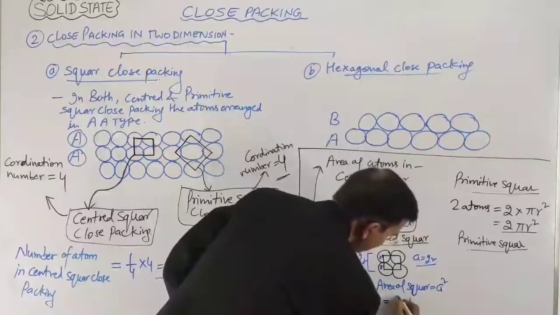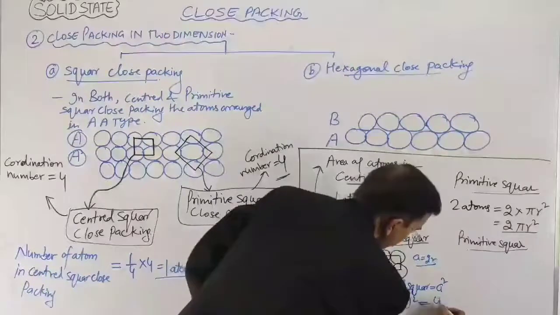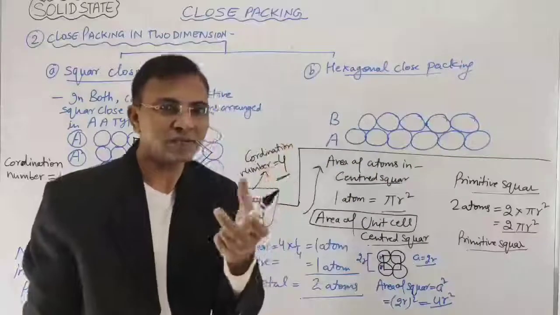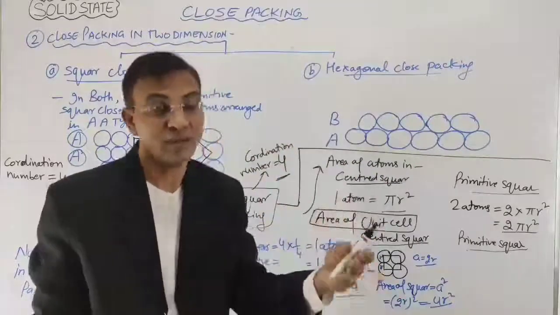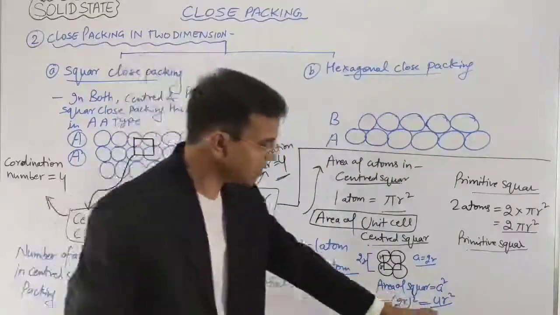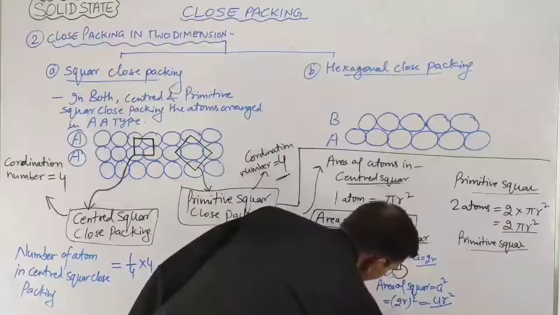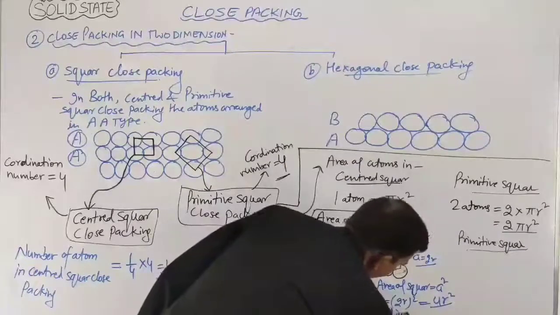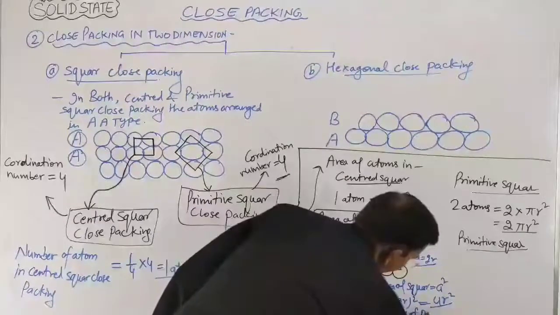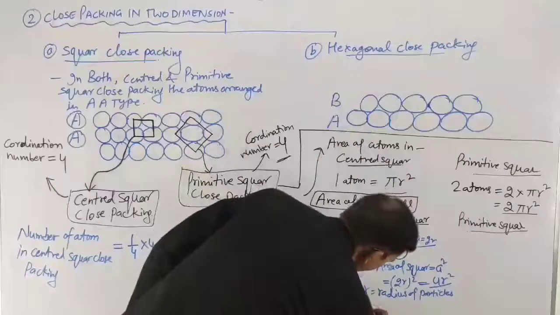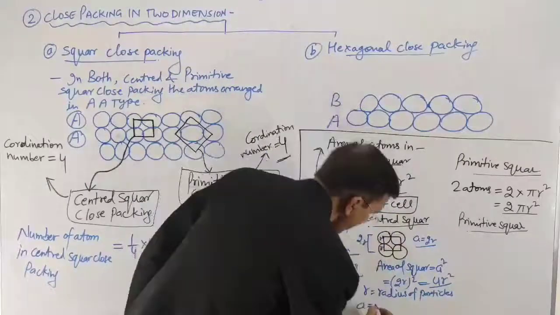So 2r square, that is 4r square, where r is the radius of the atoms or particles, right? Whether it may be atoms or ions. So r is the radius of the particle and a is the edge length of the square.